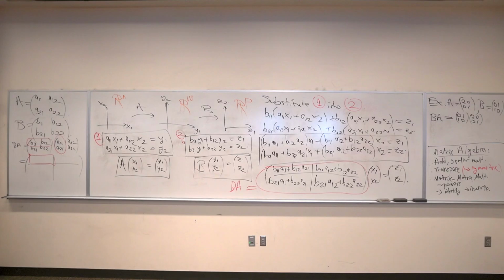Then I zipper them up. What does that mean? Take this, multiply it by this, take this, multiply it by this. Then add them up. Put the end result here: B11, A11 plus B12, A21.